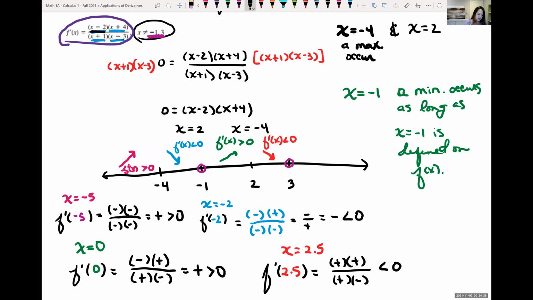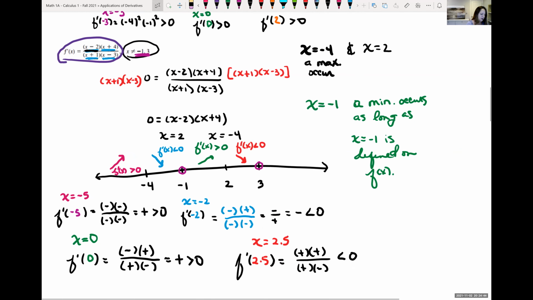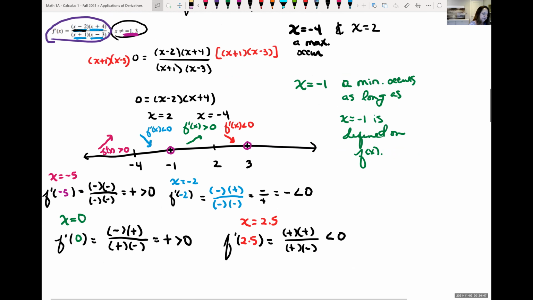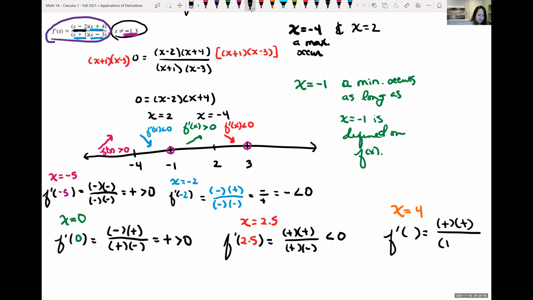And the last one, let's look at the right of x equals 3. Let's plug in 4. If we plug this back into our derivative function, 4 minus 2 is positive, all times 4 plus 4 is positive, all divided by 4 plus 1 is positive, times 4 minus 3, which is positive.